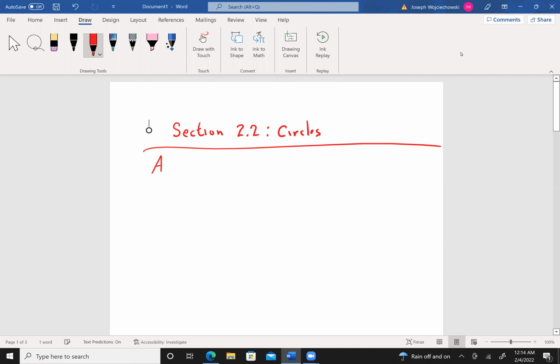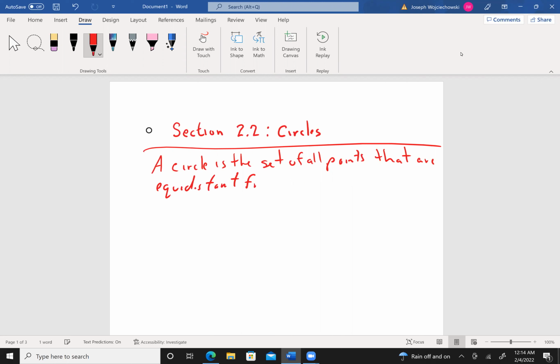So a circle is the set of all points that are equidistant from a fixed point called the center.